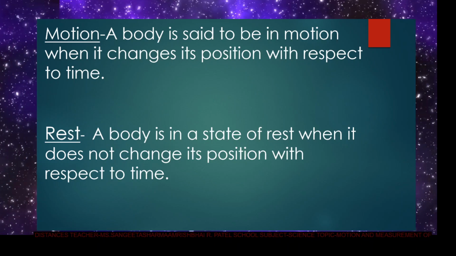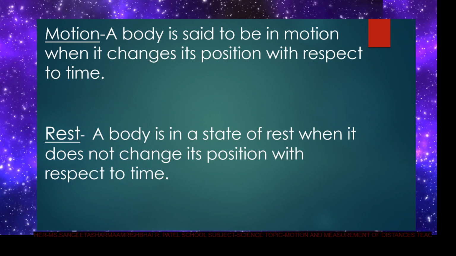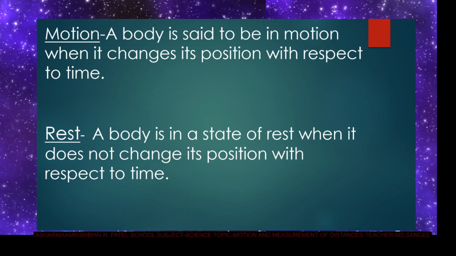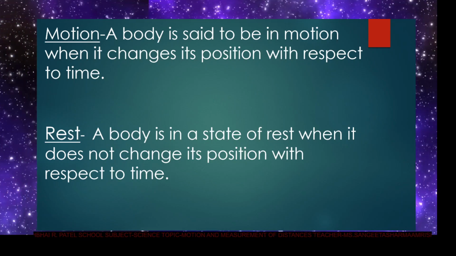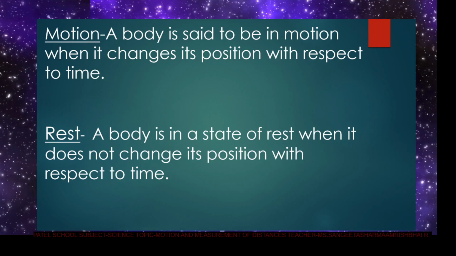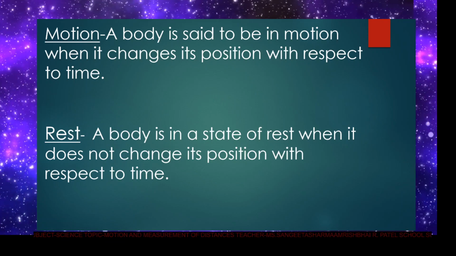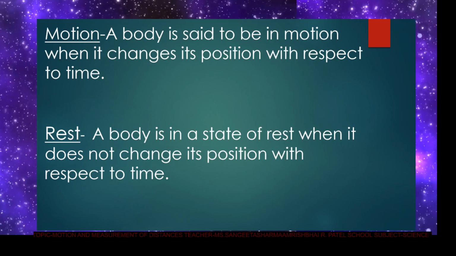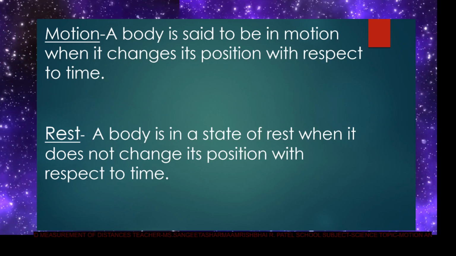Always remember that two things are very important: position and time. If anything is changing its position with time, that thing will be called in motion. And if any object is not changing its position with time, then we can say that the object is at rest.